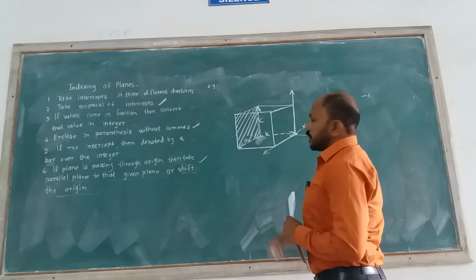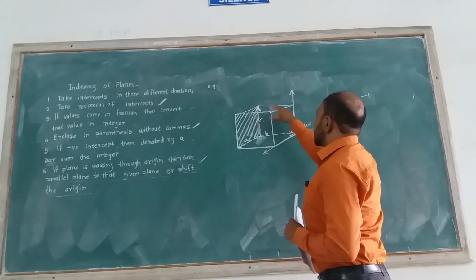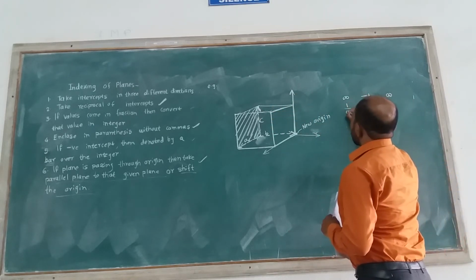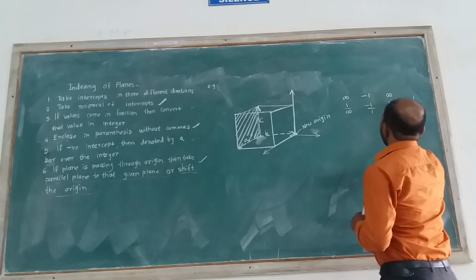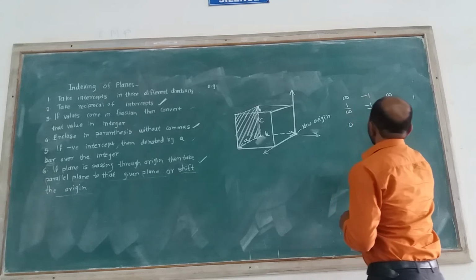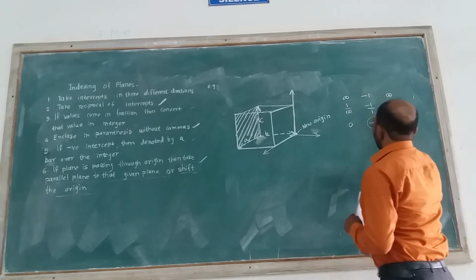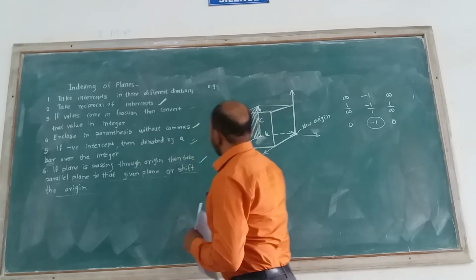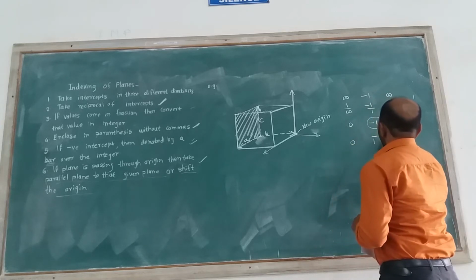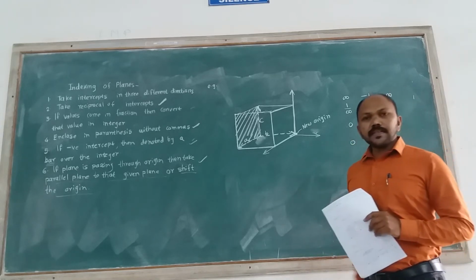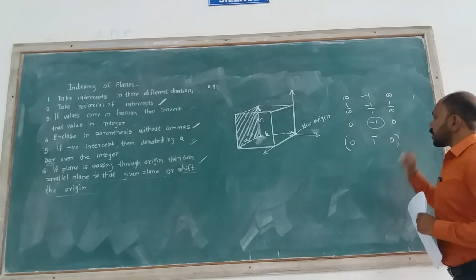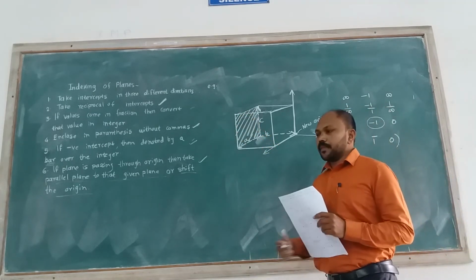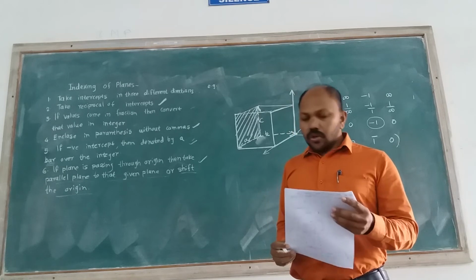In the c direction, it is parallel to the plane, so again infinity. If we take the reciprocals, 1 upon infinity, minus 1 upon 1, 1 upon infinity, the values become 0, minus 1 and 0. Now a negative value is available here. A negative intercept is denoted by a bar over the integer. So 0, 1 bar and 0. Now put this into parenthesis. So (0 1 bar 0) becomes the representation for this plane when the plane is passing through the origin.